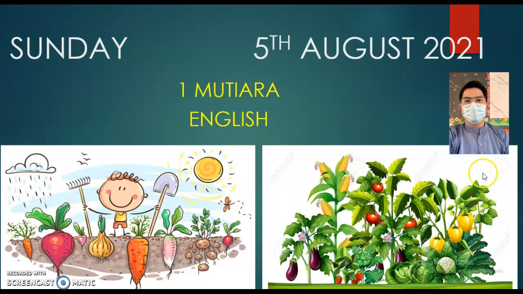Ada banyak sayur-sayuran and you can see where they grow, dekat mana mereka tu tumbuh ataupun buahnya keluar daripada mana. Ada yang keluar di dalam tanah, ada yang di atas pokok. Okay, so different. Lain sayur lain cara dia tumbuh.